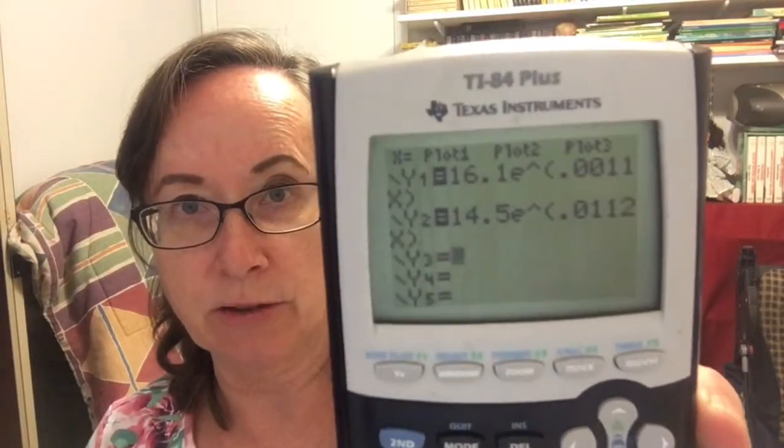So I have 14.5 e to the 0.0112, parenthesis. Oops, I forgot my x. Put in an x, close my parenthesis, and I have this in my calculator.